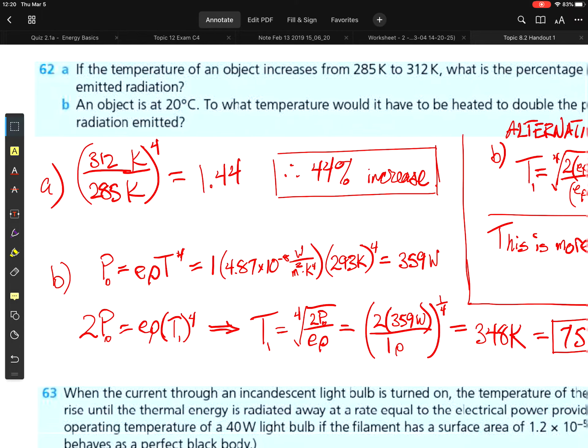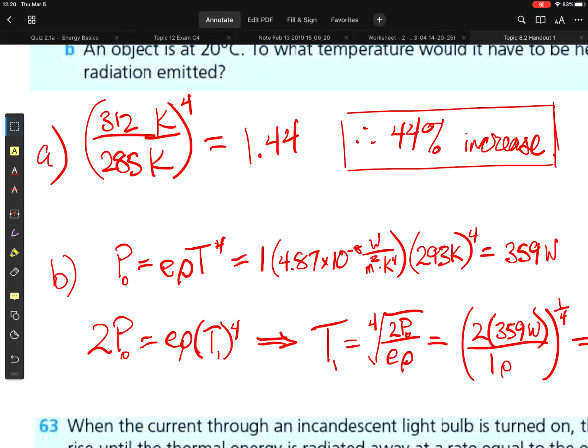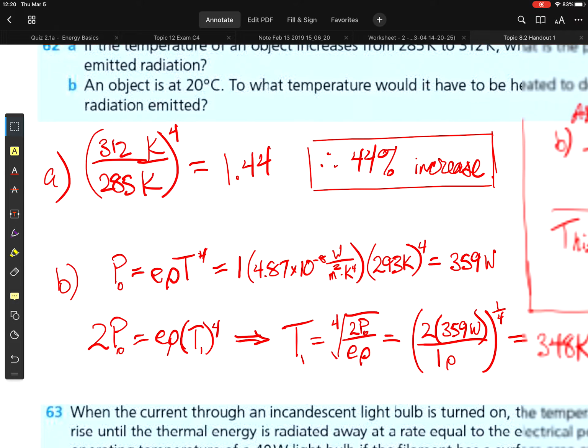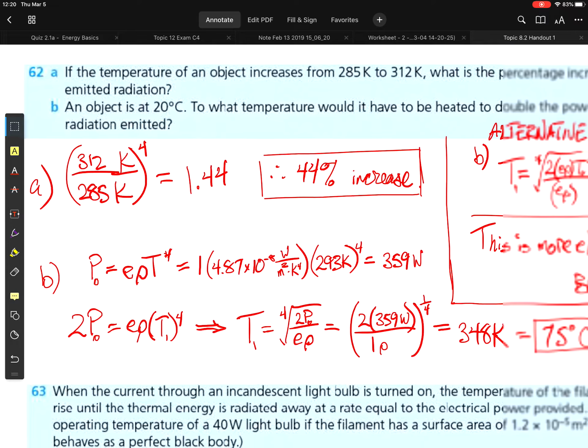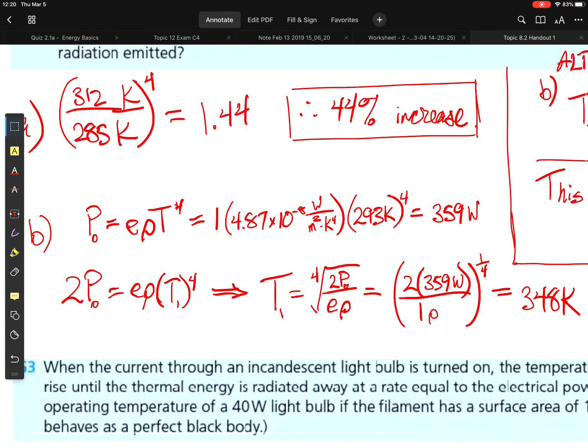Okay, so here, again, we're assuming that our body has an emissivity of 1. We're ignoring the area in this case, and the reason why we're ignoring the area is because this is just for any body. In fact, what we have here is kind of a proportionality, and maybe I should have set this up slightly differently.